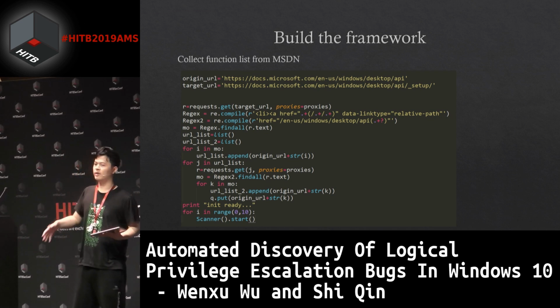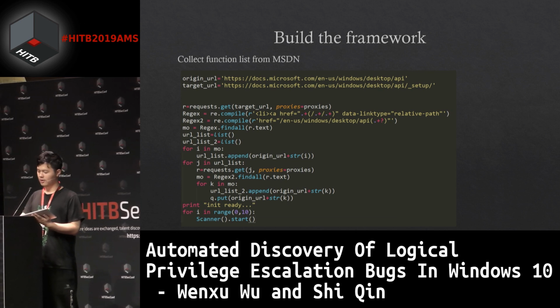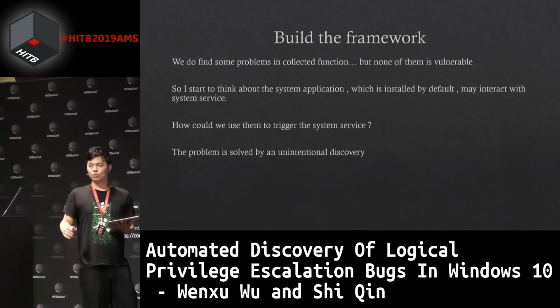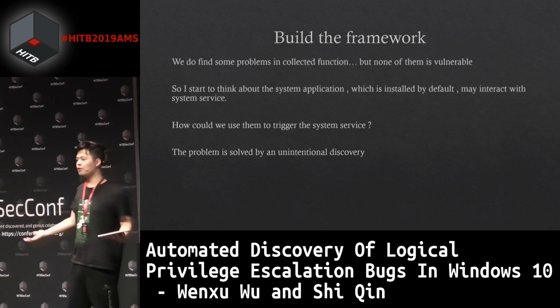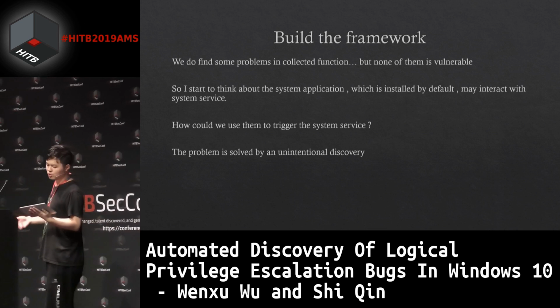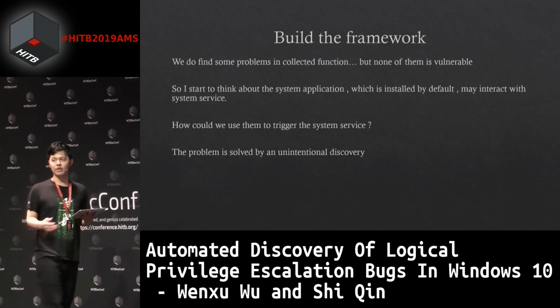We could automatically try all of them and catch the operations. We did find some interesting things in it, but unfortunately none of them was vulnerable. So I started to think about the system applications.